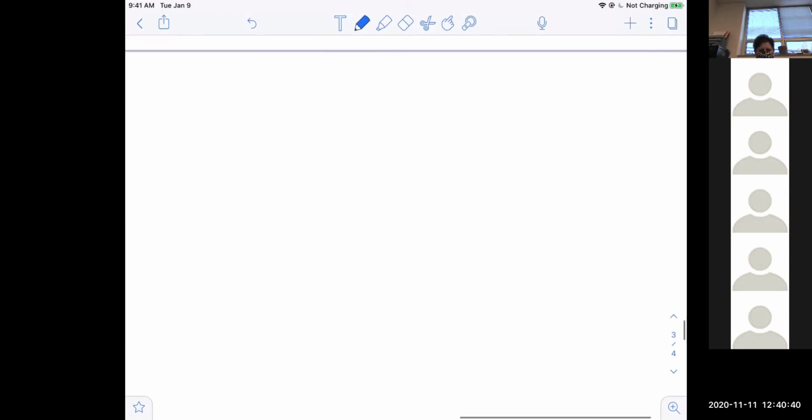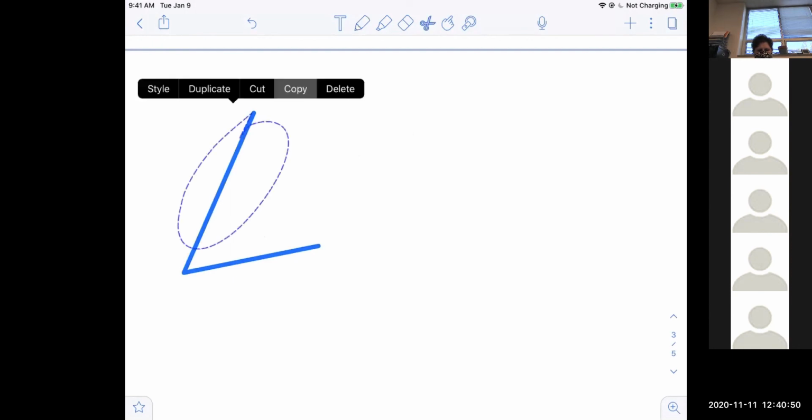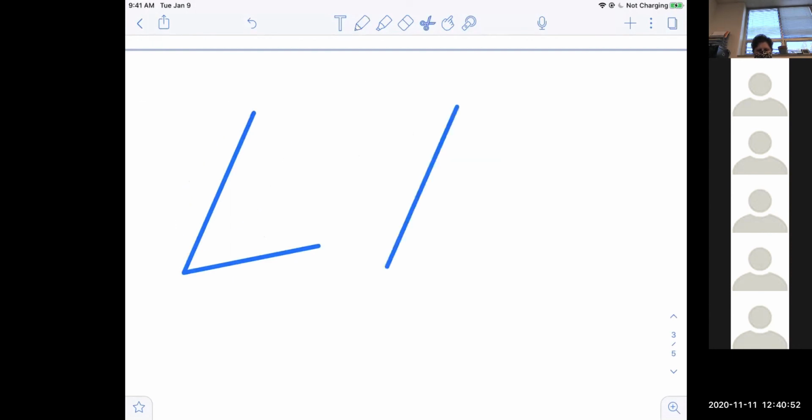So let's draw. Here's a segment. Here's a second segment. And then I'm going to draw the same segment length over here, but I'm going to draw this segment at a different angle. So I'm going to turn it like that.